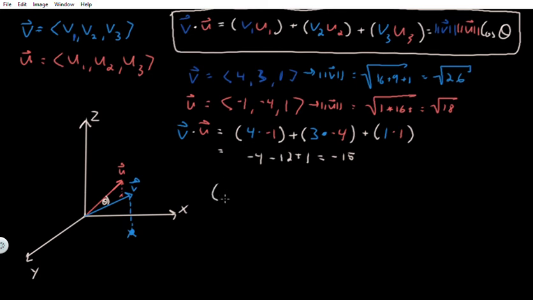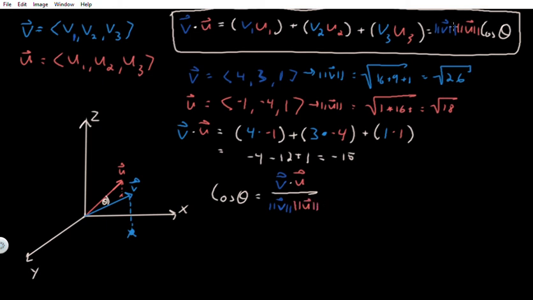Notice, cosine theta is nothing more than v dot u divided by the magnitude of v multiplied by the magnitude of u.